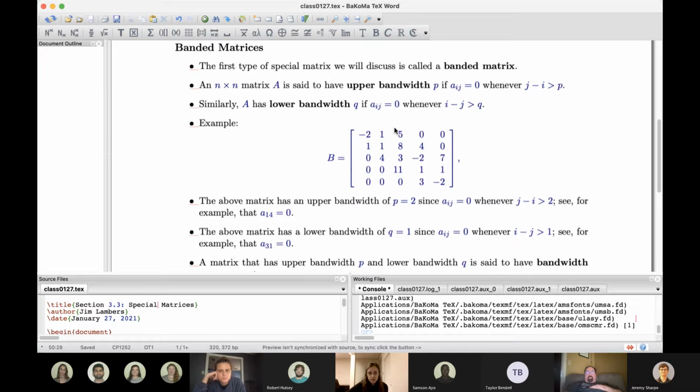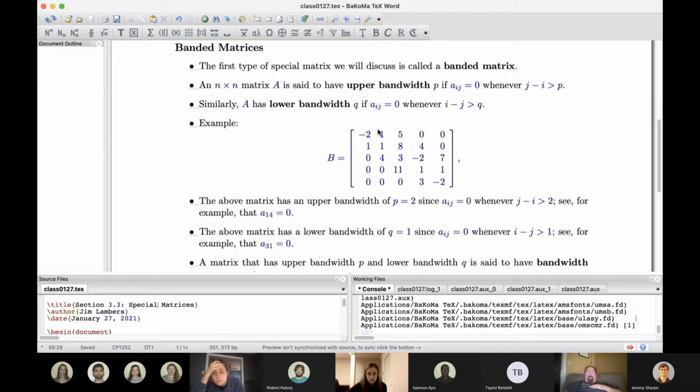And then I have another super diagonal, 5, 4, 7. Everything above that is 0. So what we can say is that this is a matrix that has a lower bandwidth of 1. So here's the formal definition of lower bandwidth. Really what that means is lower bandwidth is equal to the number of subdiagonals that have non-zero entries. So in this case, just 1.